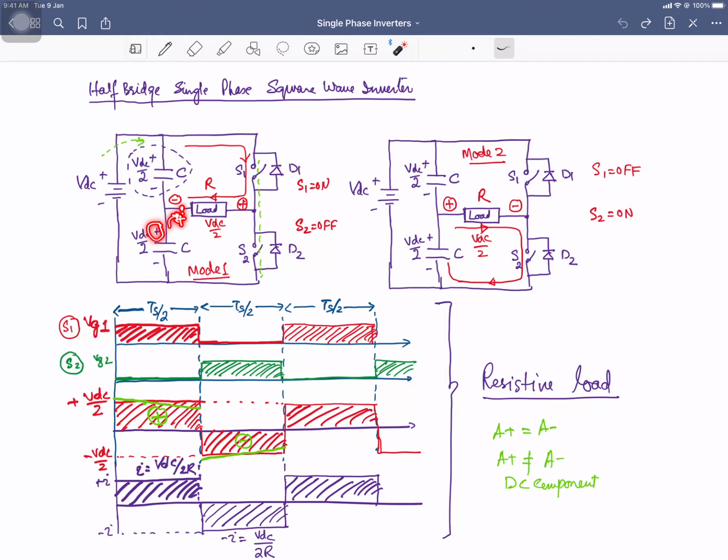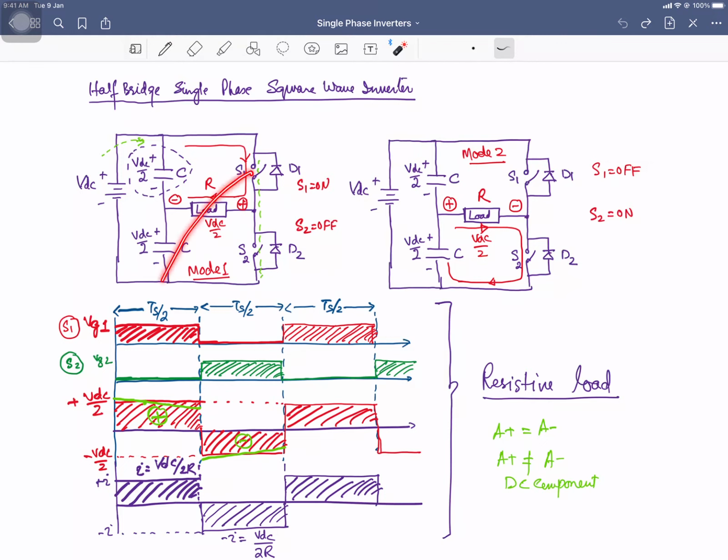So, this point now will be positive and this will be negative, because your switch is going to connect this point with the negative terminal of the source. So, your load voltage will be the opposite with respect to the first case.